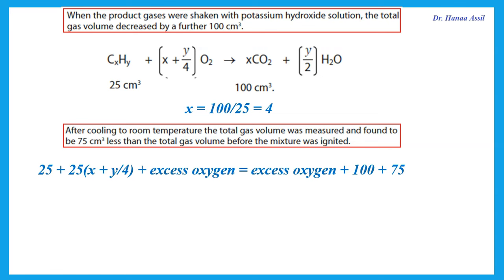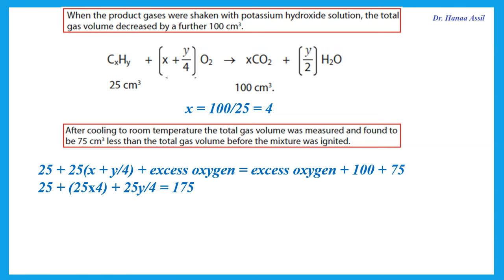Now, after the reaction, at the end, the volume was found to be 75 centimeter cubed less than the total gas volume. So at the end, what do we have? We have the excess oxygen, which we did not use, plus the 100, which was the carbon dioxide, and the 75 centimeter cubed, which was the difference between them, and we solve for y.